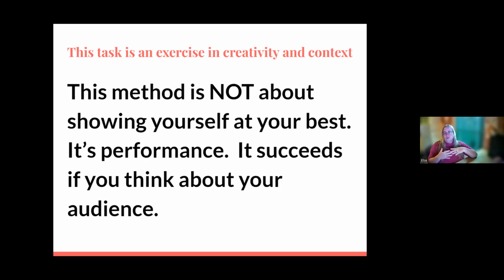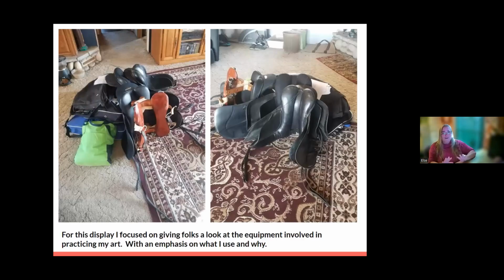It really comes more to thinking about the audience and what it is that they will get out of the display and how to interact with them in a way that's going to capture their attention and maybe add to their knowledge. And in doing those things, you can share your art with others and you can share your skills. Just recognize it's not going to be optimized for you, and that's okay. And if it's not okay, this may not be the venue for you, but it could be.